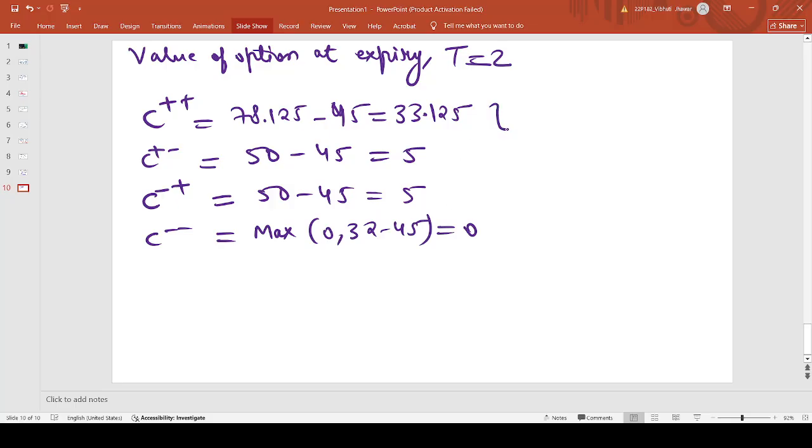Now you will take this as we discussed earlier. You will take this scenario. This scenario is the up scenario. It first increased and then it either increases or decreases. So you will take one scenario at a time.